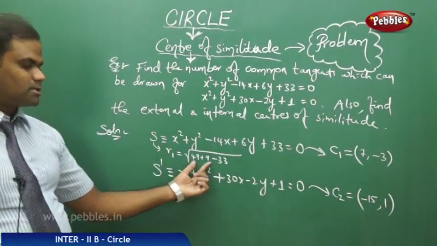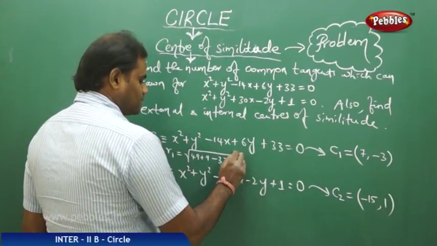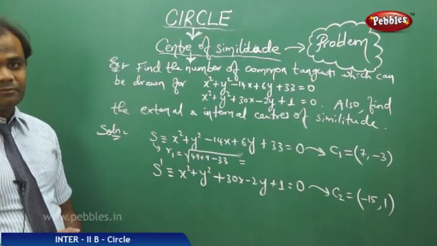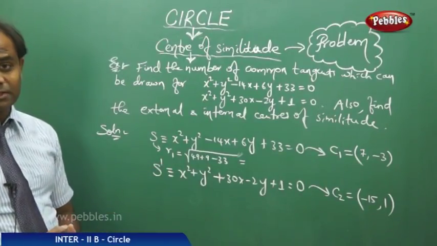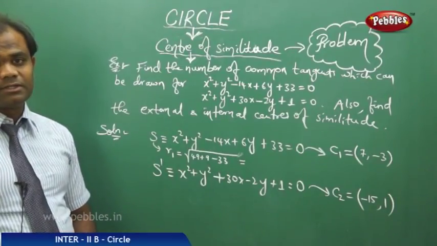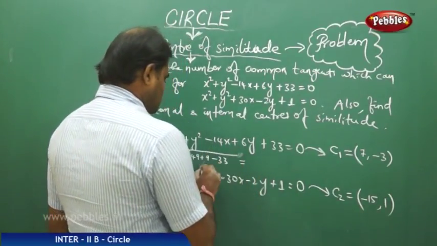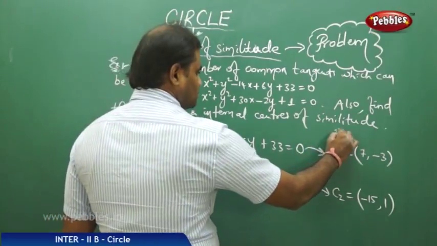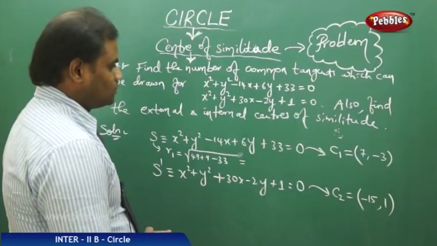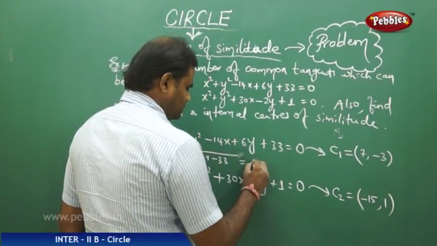That is 49 plus 9, which is 58, minus 33, which is 25.